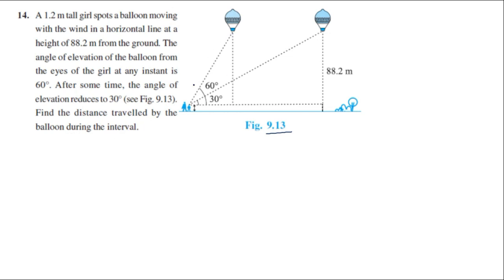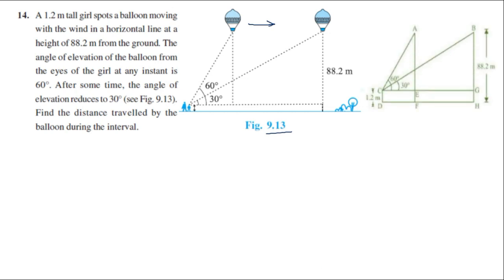The angle of elevation from the eye of a girl is 60 degrees. After some time, with the wind, the balloon has moved further, making the reduction in the angle of elevation to 30 degrees. The same scenario, I'll take it in a figure format. 1.2 meter here is CD, it's the height of the girl.